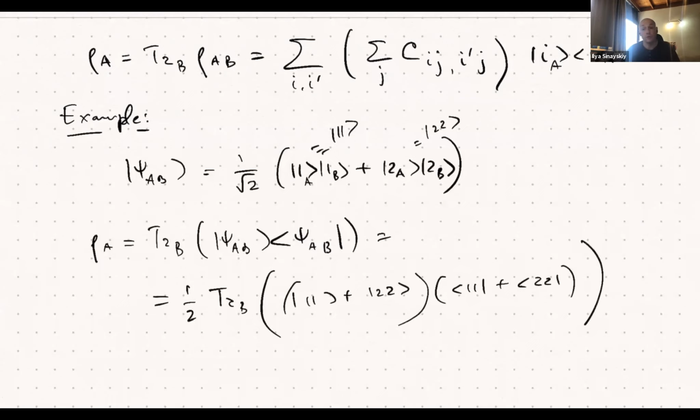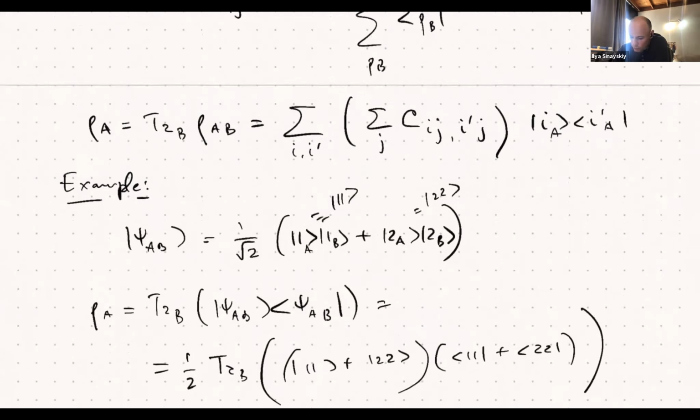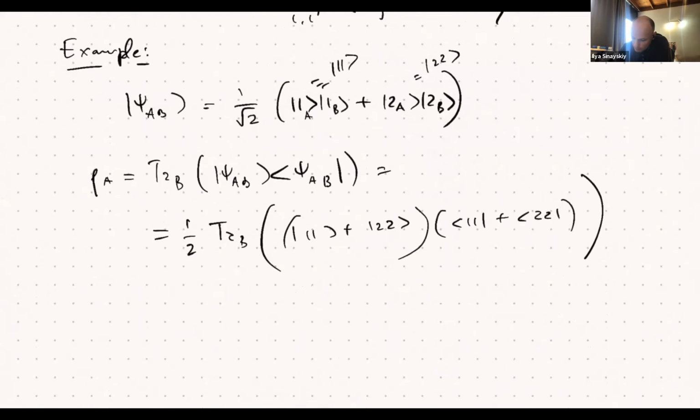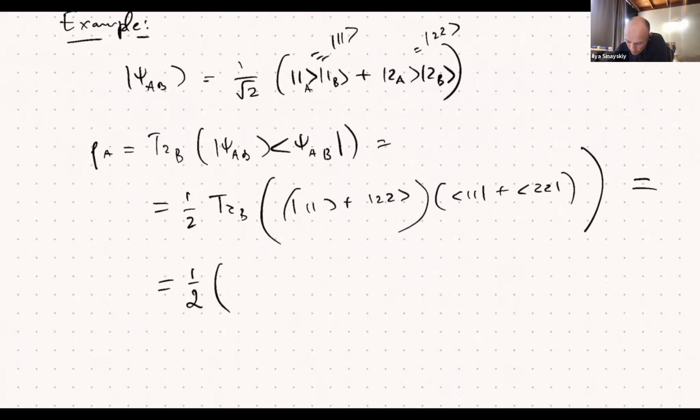Okay, so now we're going to have 4 terms. But remember that what we need to do is take a sum where this index is equal to this index. So what does it mean? It means that we get trace 1/2. So we need to take the situations where this index is equal to this index. That term is going to give us something.